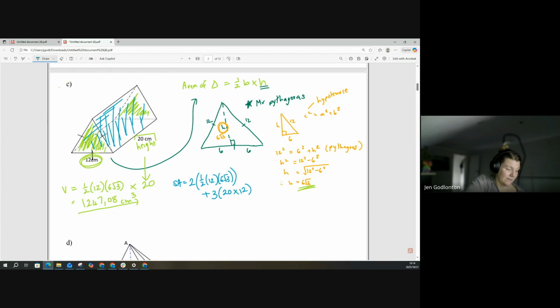So that's going to give us 3 plus 3 times 20 times 12, which is going to give us 844,71 centimeters squared.